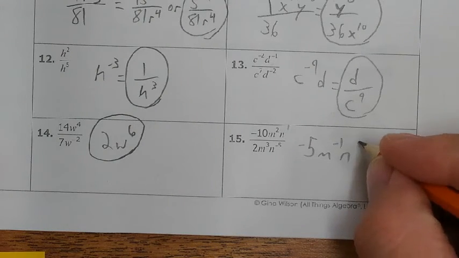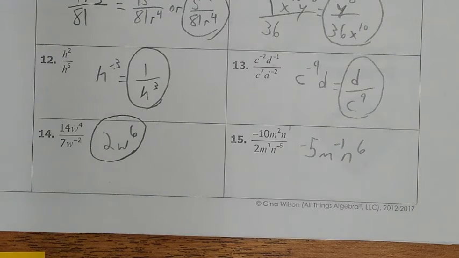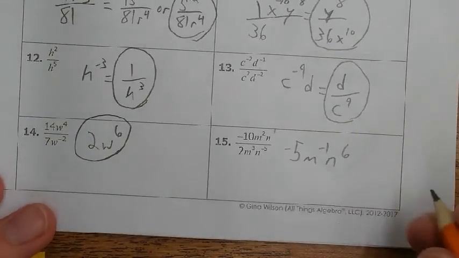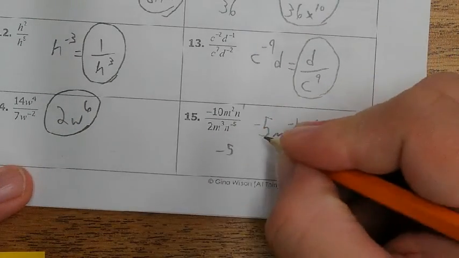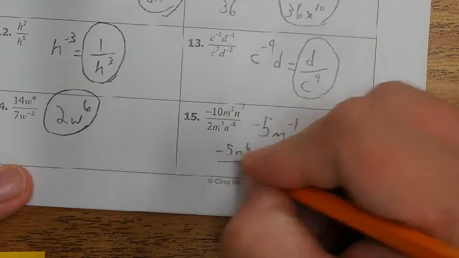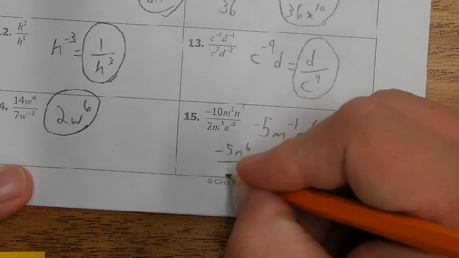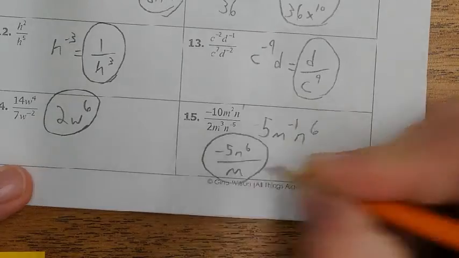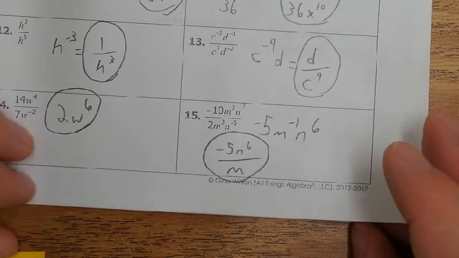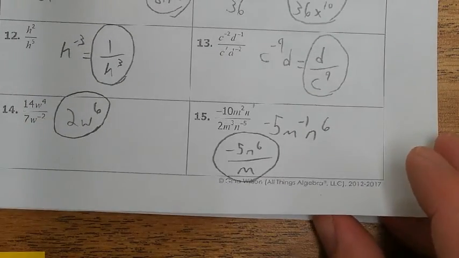Positive, because remember, 1 minus negative 5 is the same thing as saying 1 plus 5. So now, what are we moving? The negative 5 and the n to the 6 will stay on top. The m to the negative 1 will go to the bottom, which would just be m. And that's all you do. Questions?